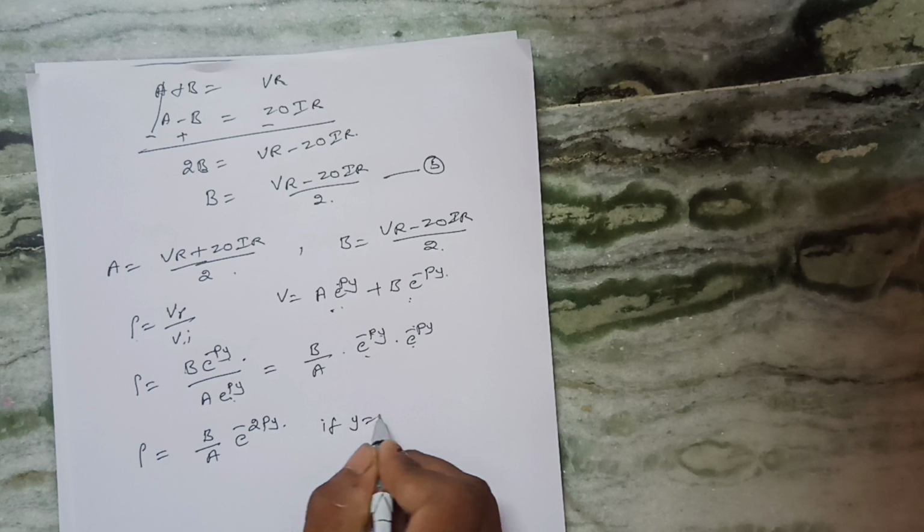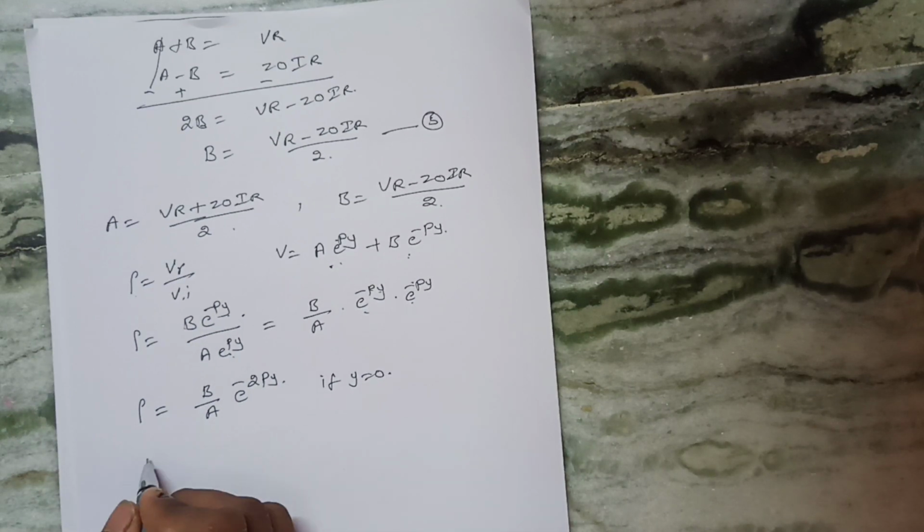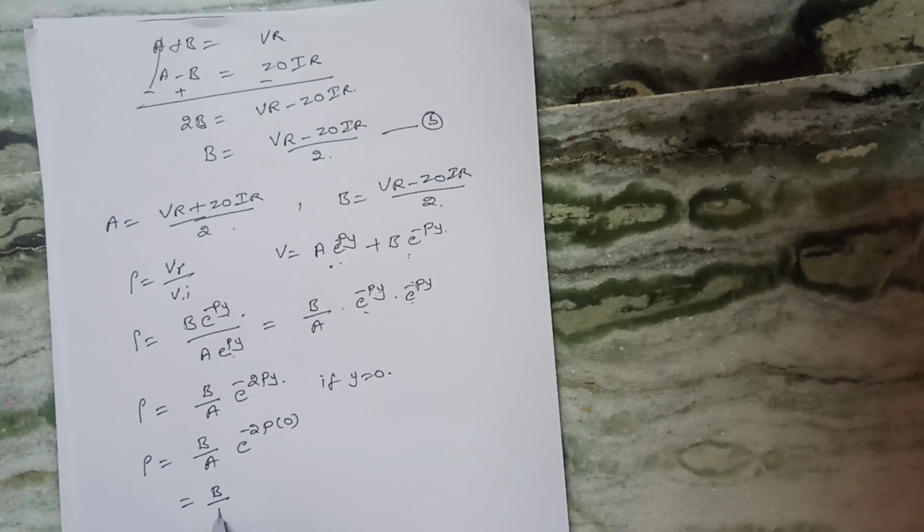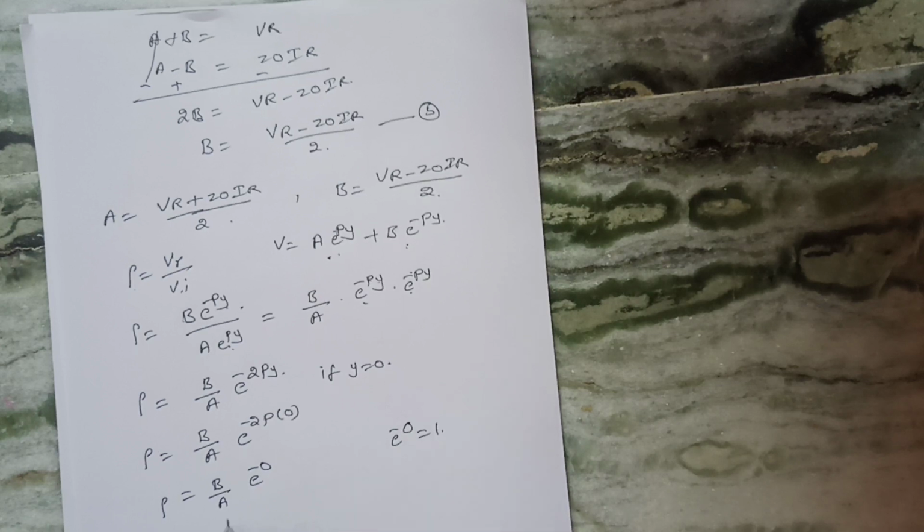If y is equal to 0, rho is equal to B by A exponential minus 2P of 0. Then exponential minus 0 is equal to 1.